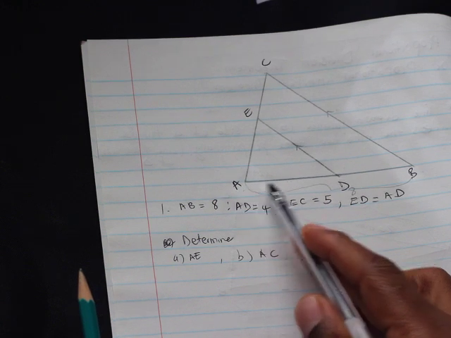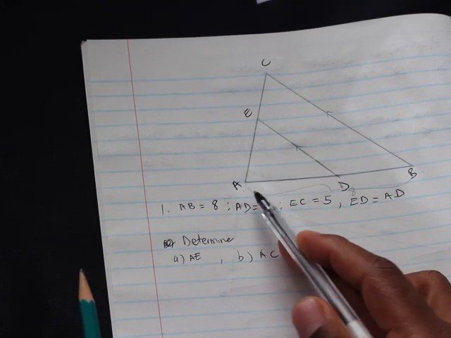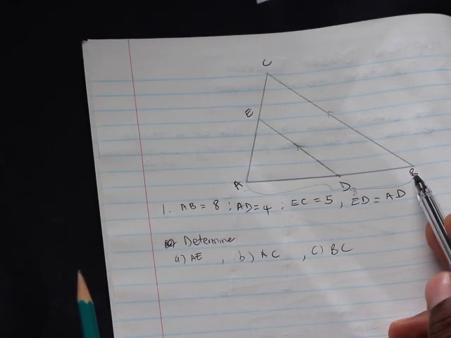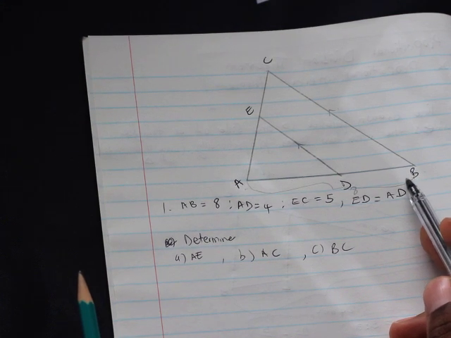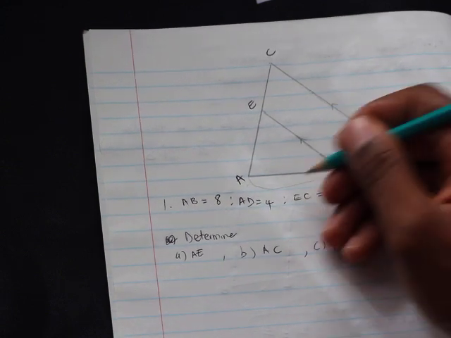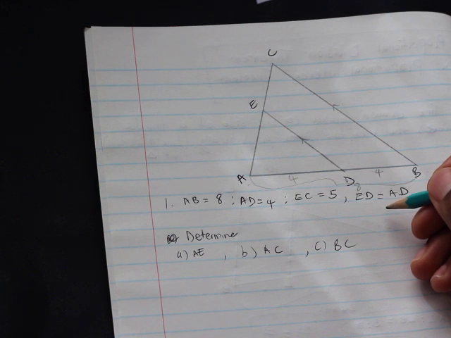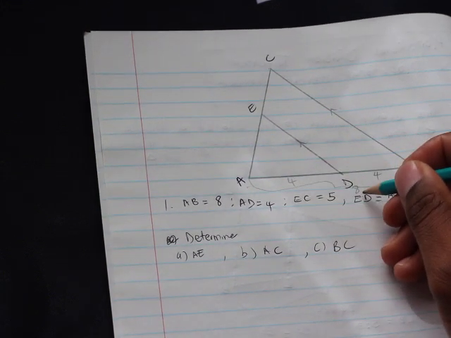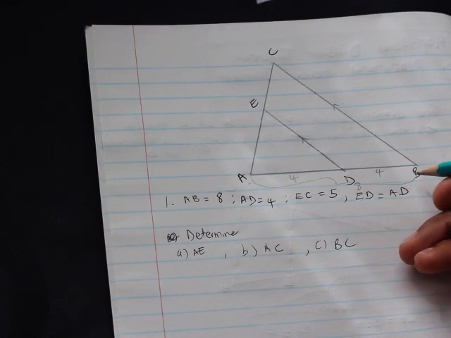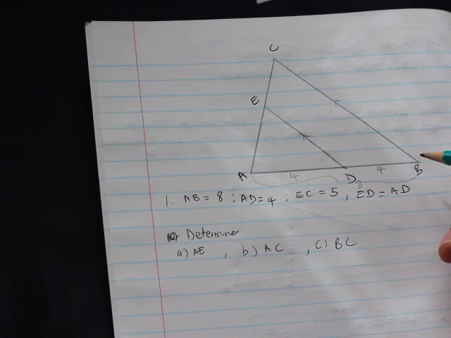If you know that AD is 4 and the whole of AB is 8, that already implies that this length here is also 4, right? You simply take the 4 here, subtract it from the whole, which is AB. Do you understand? So now we've got AD and our DB.